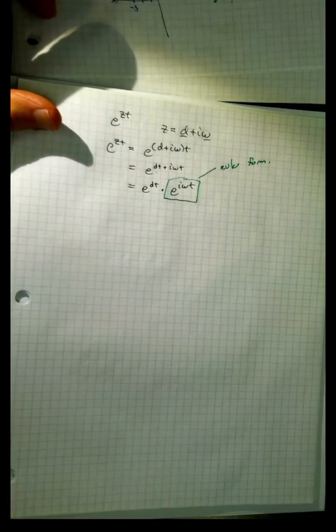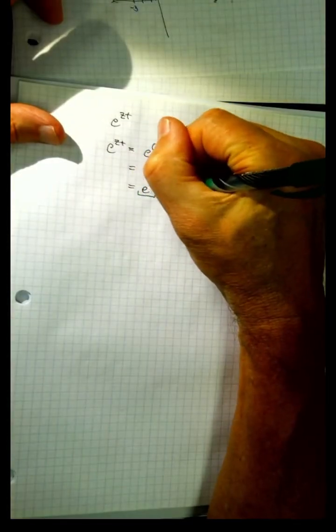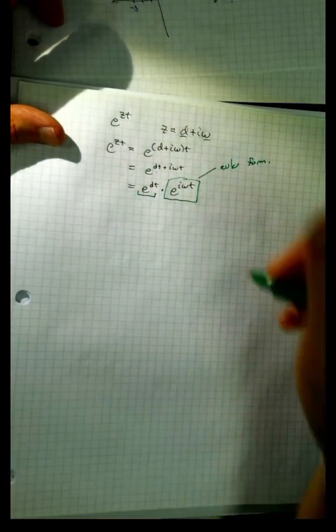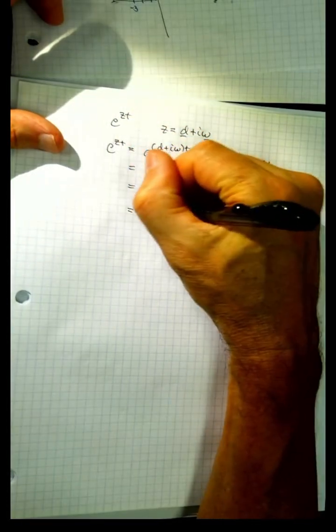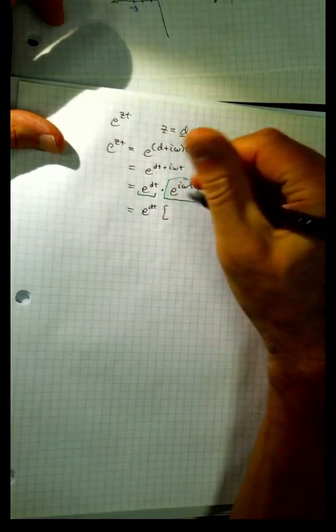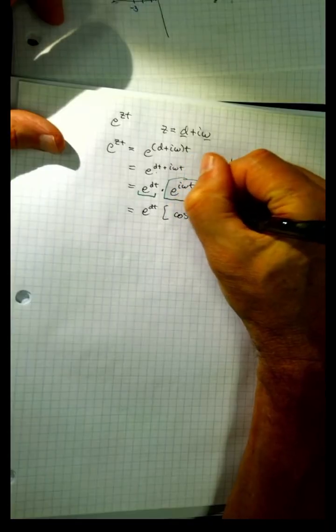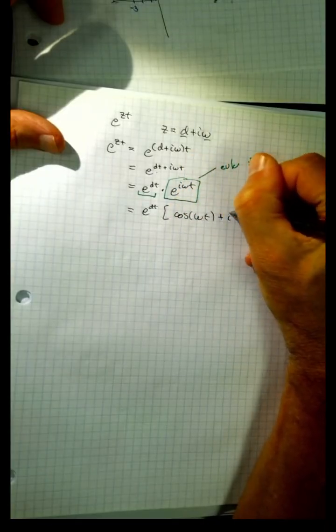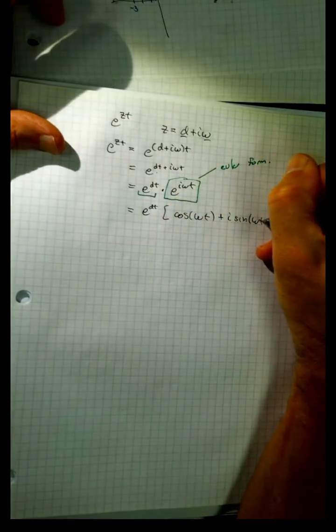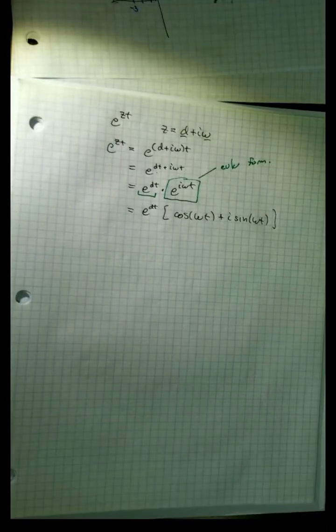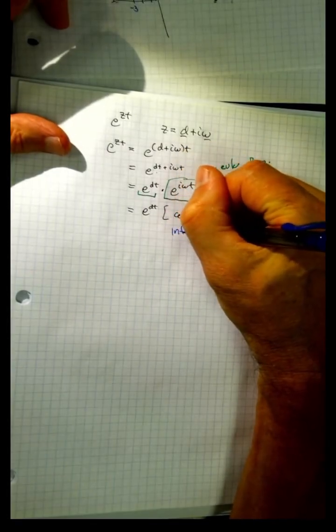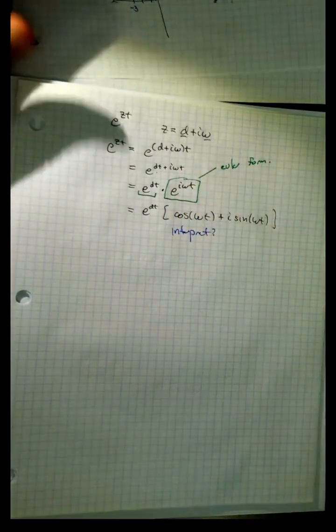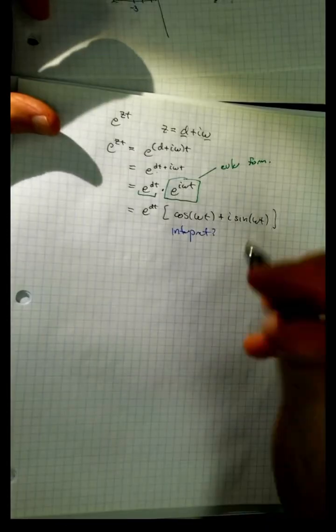And notice I can think of this as the radius. So if I expand this out, I can go e to the dt, now using Euler's formula. It is now in this form. So the question now is, how do I interpret this?